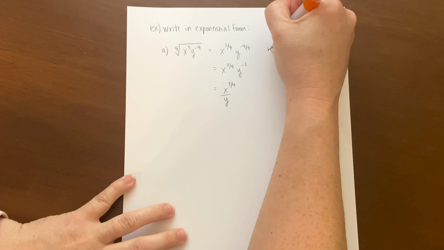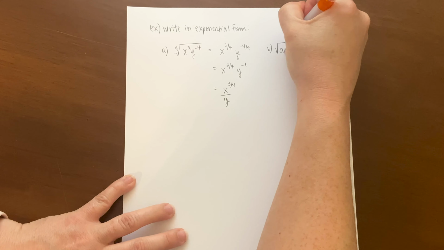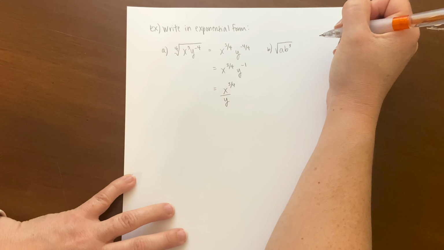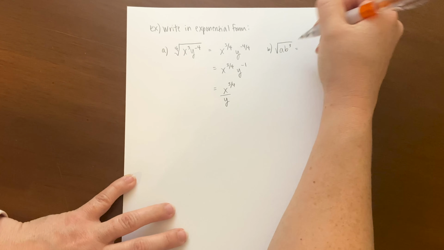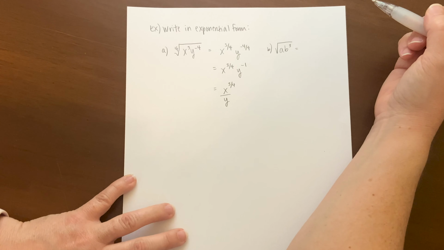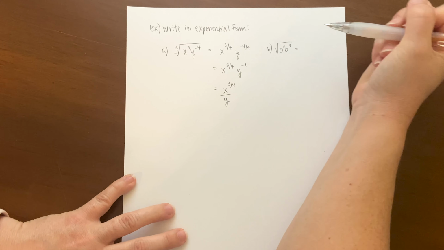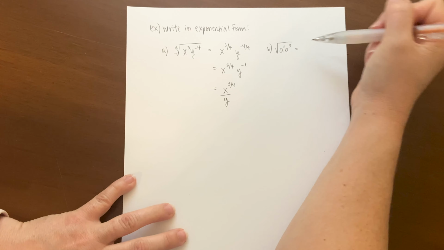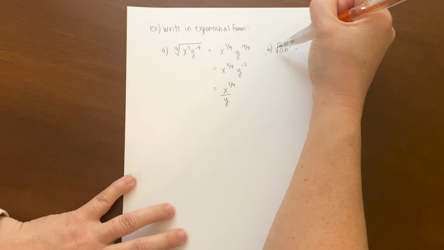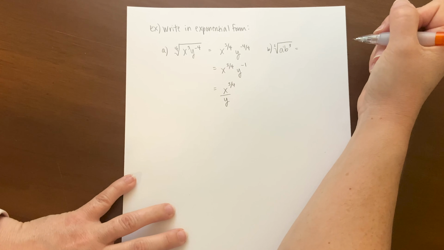All right, let's try another one. If we have the square root of a b cubed, we're going to rewrite each part. On this one, a does not show that it has an exponent. So if an exponent's not showing, it's understood to be to the 1st power. Also, the radical doesn't show a root. If the radical is not showing a root, it's understood to be a square root.